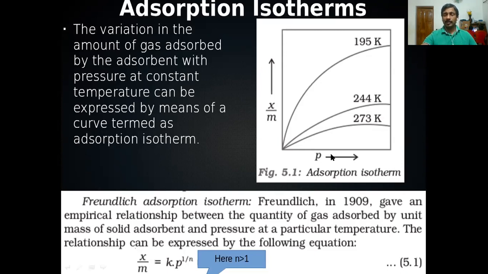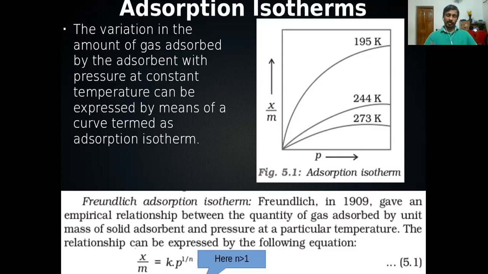We can call the pressure at which the adsorption is maximum the saturation pressure. So after attaining the saturation pressure, x by m is not changing. That means further adsorption is not possible. So at saturation pressure, we can say adsorption is at equilibrium.